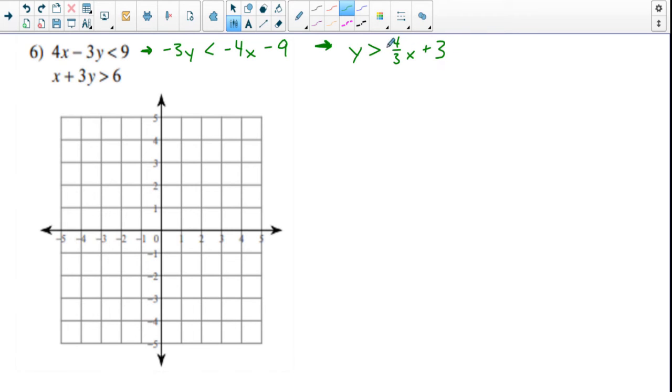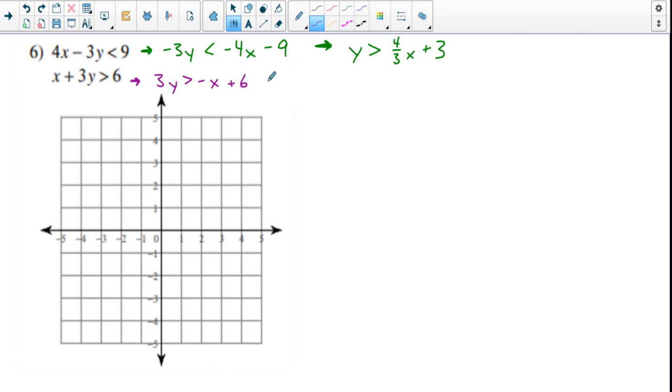All right, so now I can graph this pretty easily now that I've put that into slope-intercept form. I'm going to do the same thing for this one on the bottom as well. So again, let's just start by moving this x term over by subtracting that over. So that'll give me 3y greater than -x plus 6. And then to get rid of this 3 that's multiplying the y, just like before, I'm going to divide that out.